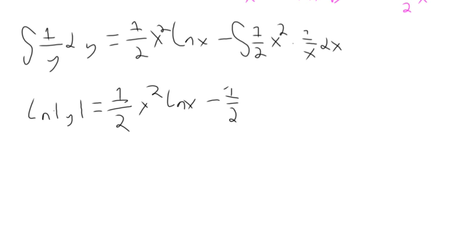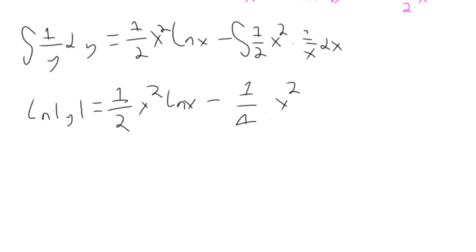And then x squared over x is just x. When you integrate that, you get 1/2 x squared. So I'm going to need another 1/2 right here, x squared. And I'll just clean this up. Make this 1/4. So we'll say this is minus 1/4 x squared.